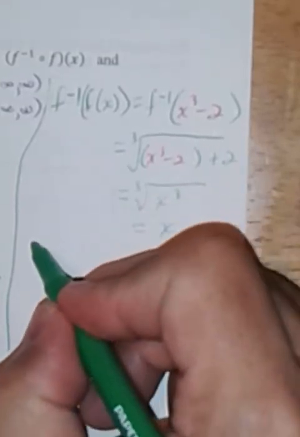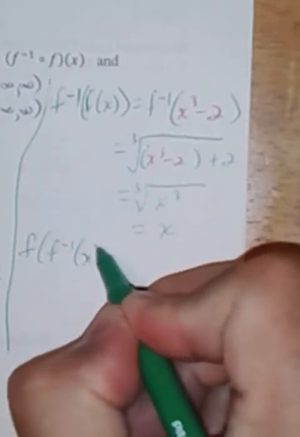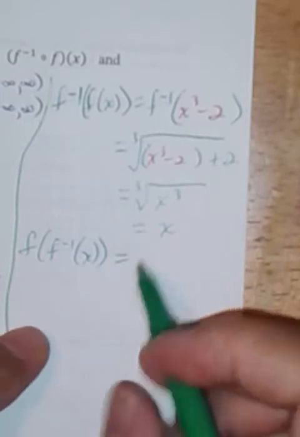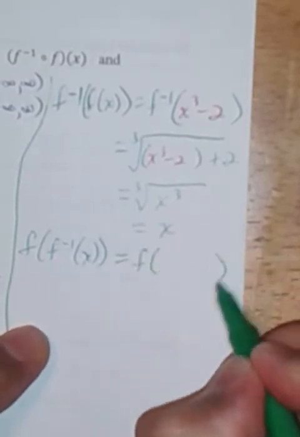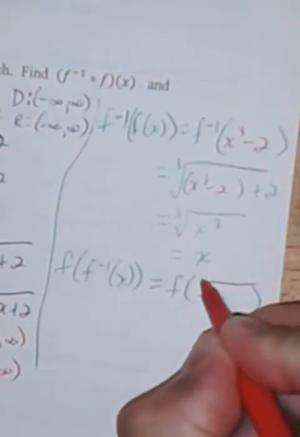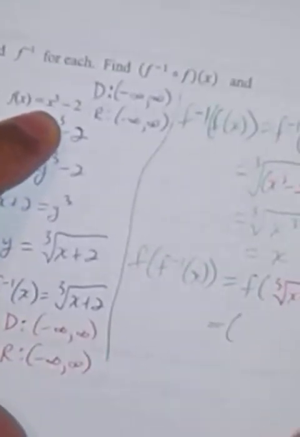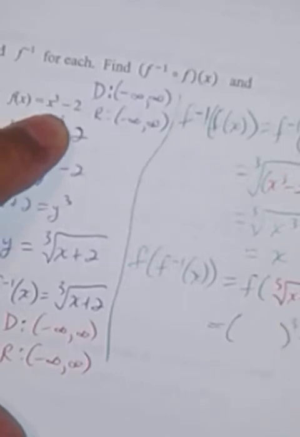Okay, f of f inverse of x will be f of, and f inverse is the cube root of x plus 2. All right, and f is x cubed minus 2. So it's whatever x the input is, and then cubed, and then minus 2.